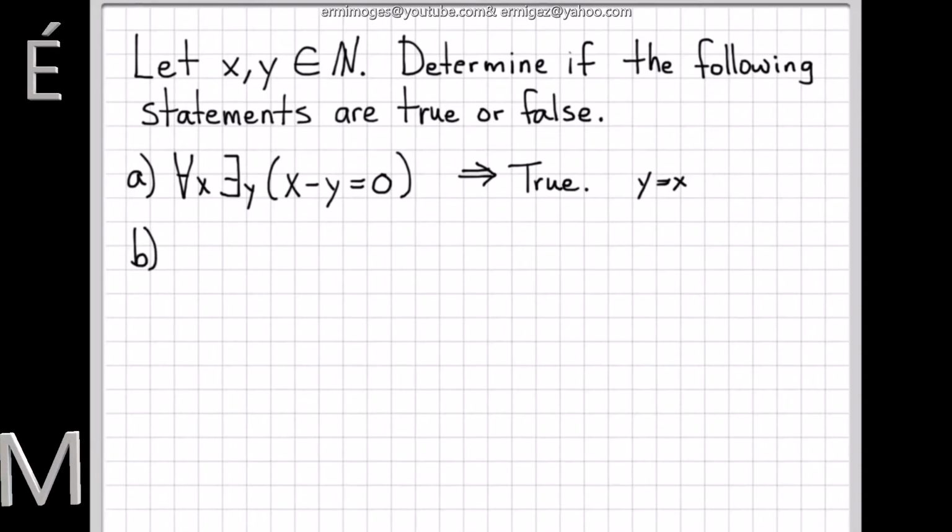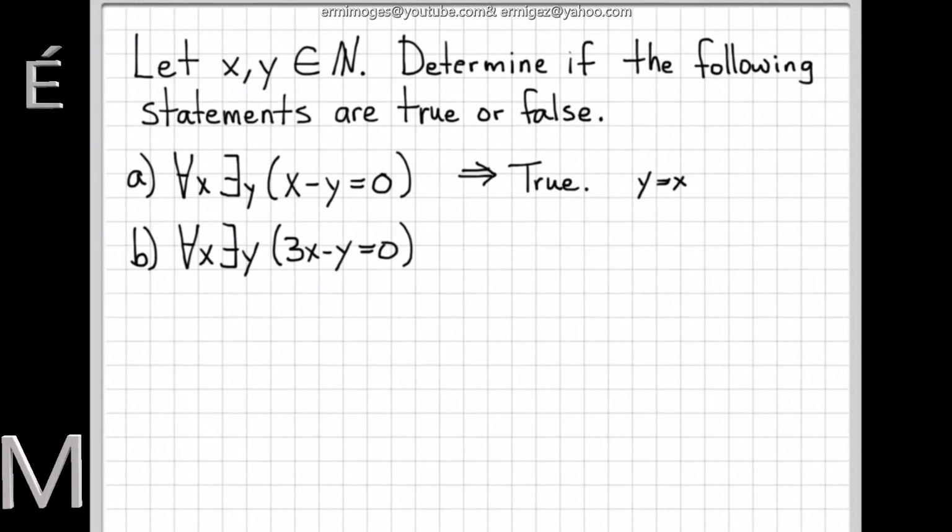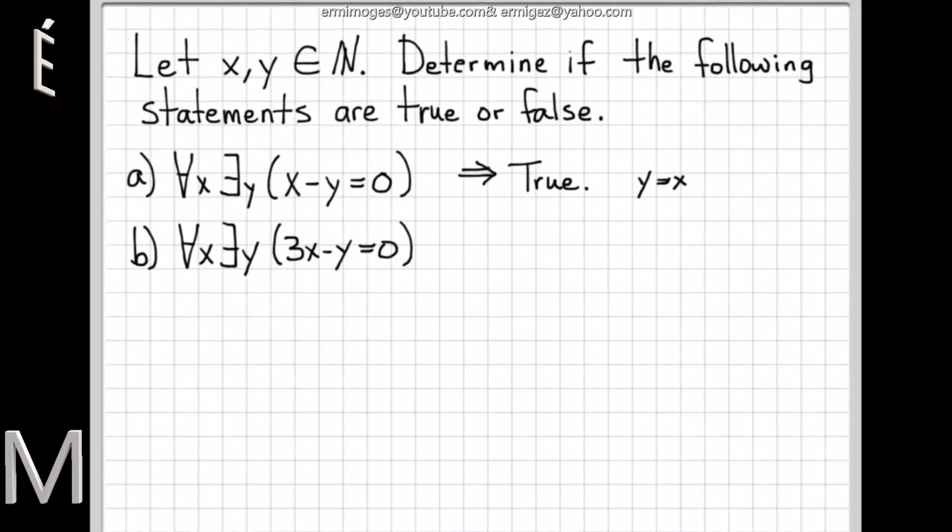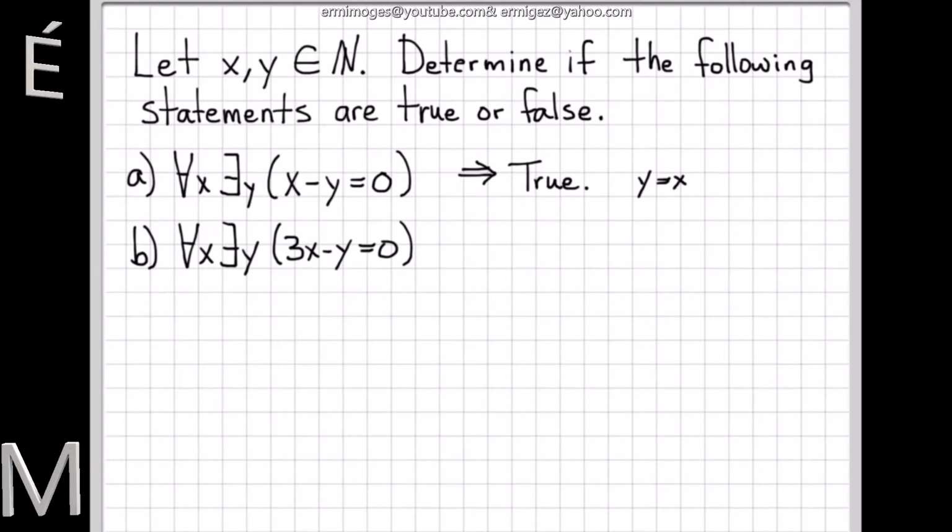That was pretty easy. Let's look at another one. For all x, there exists a y such that 3x minus y equals 0. Is this a true or false statement? Well, no matter what x is picked out of the natural numbers, 1, 2, 3, 4, 5, 0, whatever, 3 times that is just another natural number. So again, let's pick a concrete example.